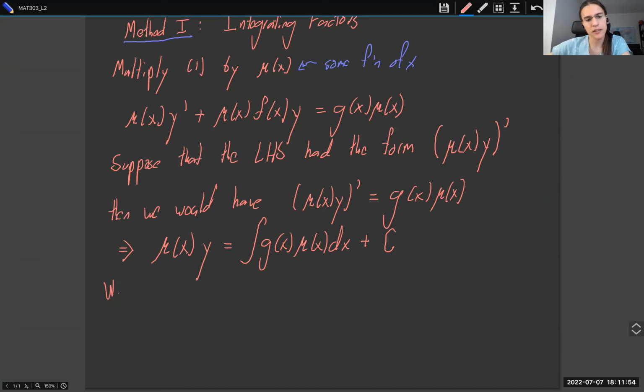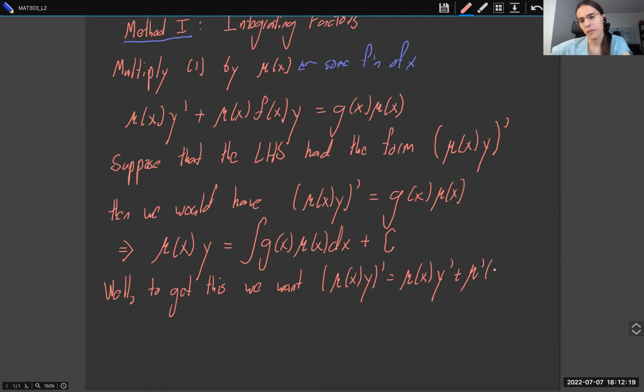Well, to get this, we want this expression, mu of x y prime plus mu prime of x y, to equal mu of x y prime plus mu of x f of x y.